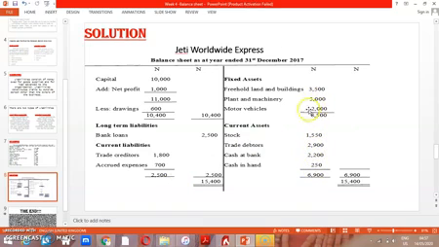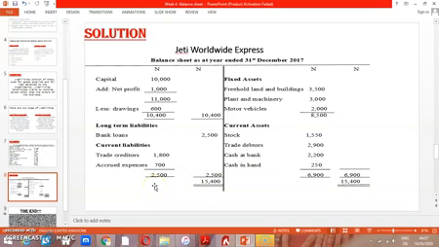When added up, total fixed asset amounts to 8,500, while total current assets will amount to 6,900. So if you add up 8,500 plus 6,900, we get 15,400, which is the corresponding figure of what we have on the debit side.